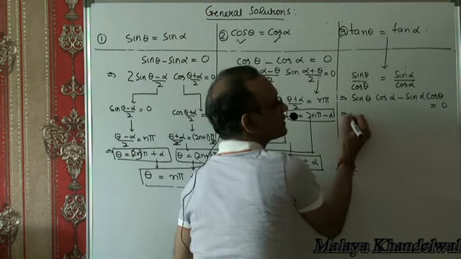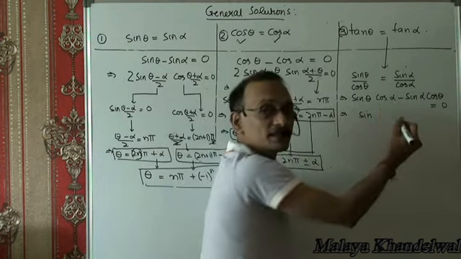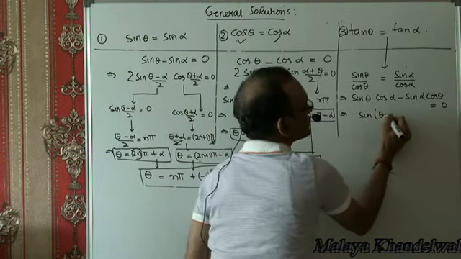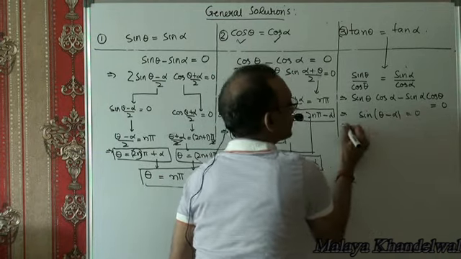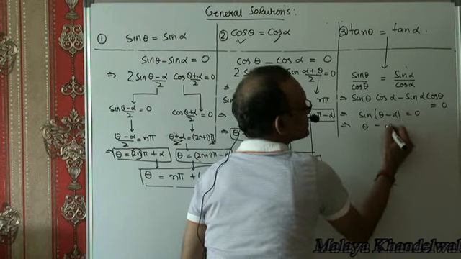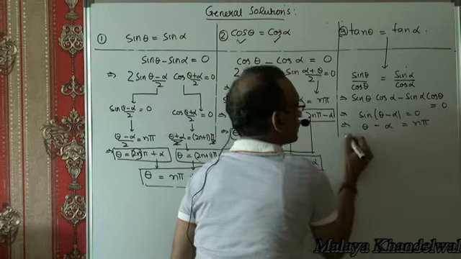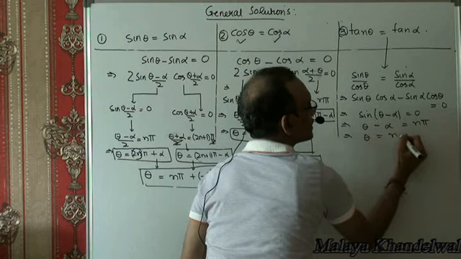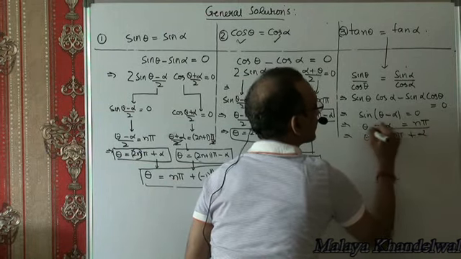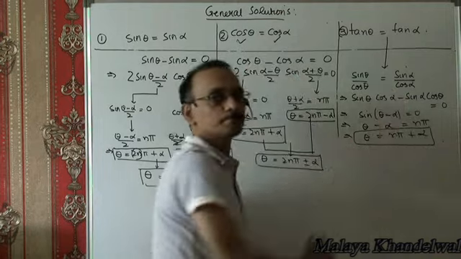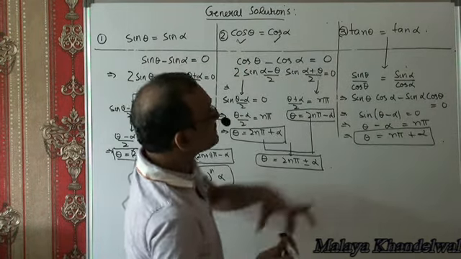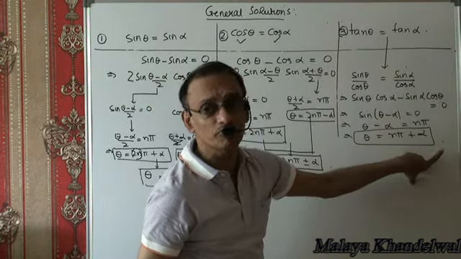And then this gives me, like, sin A cos B minus sin B cos A is 0. Sin of (theta minus alpha) is 0. Or theta minus alpha must be an integral multiple of pi, or theta must be an integral multiple of pi plus alpha. Yes or no? Right? So if tan theta is tan alpha, theta is integral multiple of pi plus alpha.